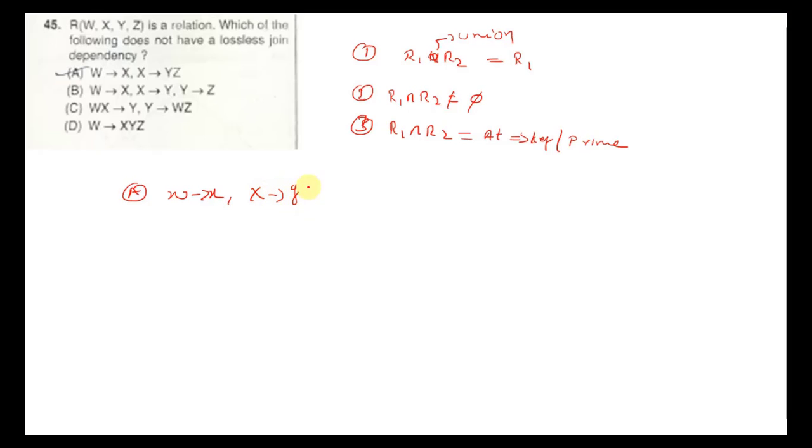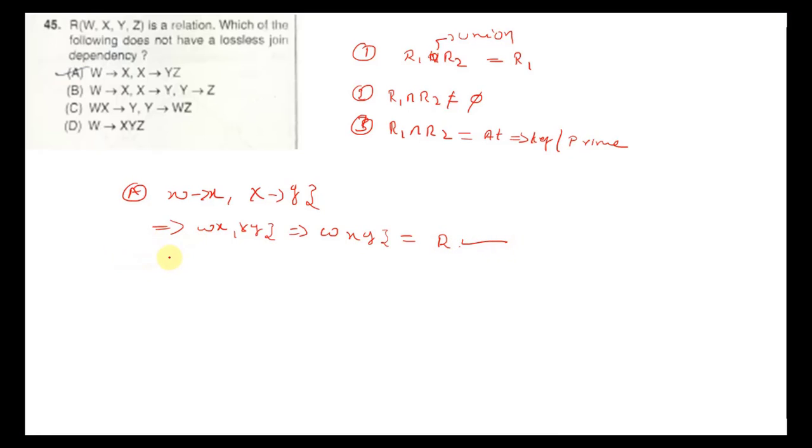In this one, apply the first condition, that is R1 union R2 is equivalent to R. What are the attributes in R1? That is wx, and R2 has x, y, z, so you get the attributes w, x, y, z, and these 4 attributes are present in R, so the first condition is true.